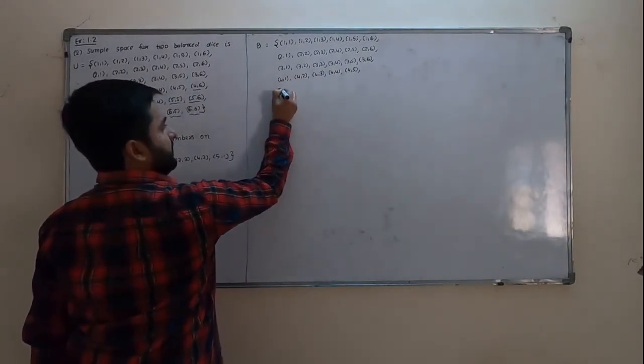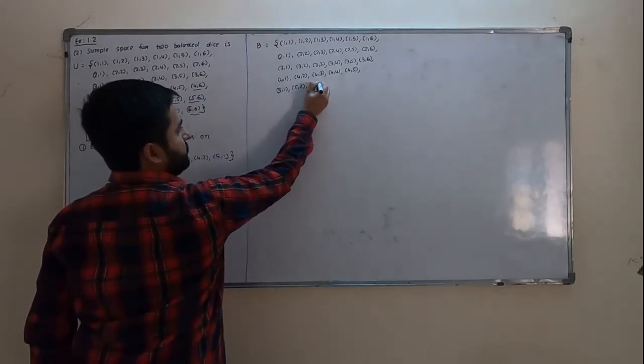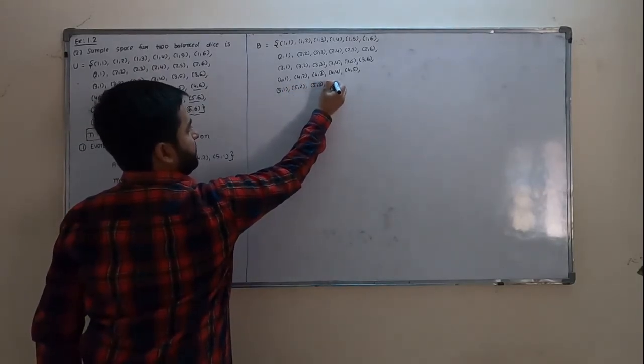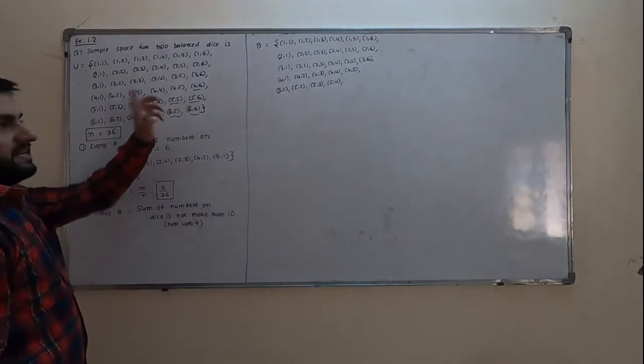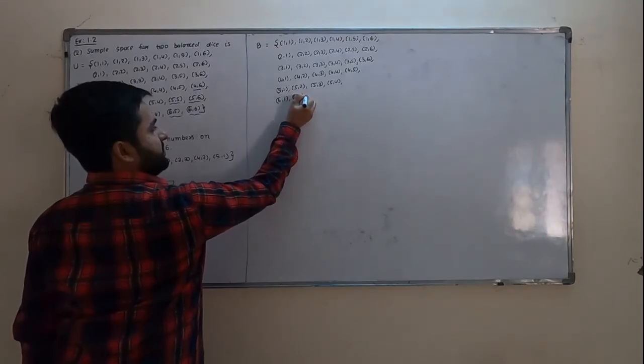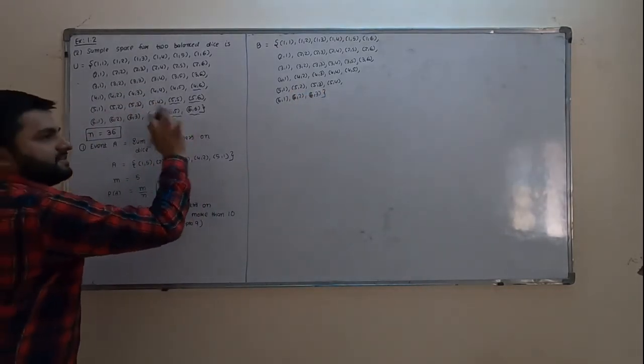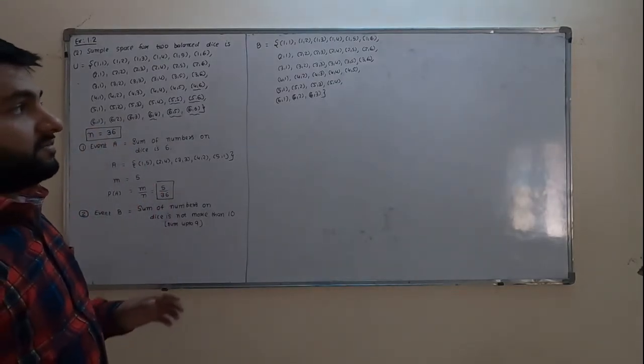Now one element will decrease: 5 1, 5 2, 5 3, 5 4. 5 5 and 5 6 will not come. Then 6 1, 6 2, 6 3, because 6 4, 6 5 and 6 6 will not come. They are more than 10.